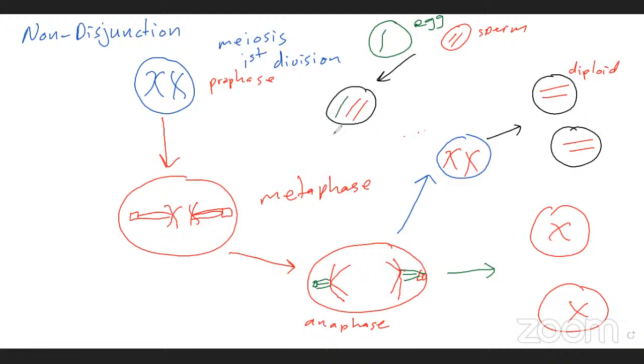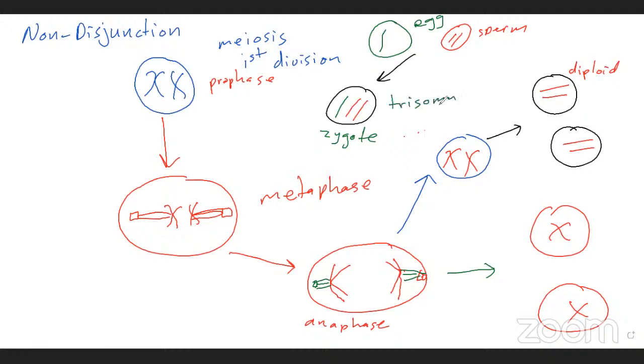Now, how many should normally be in this? Two. Right. So two is the normal one, but with this disjunction, sometimes it might have less or it might have more. So in this case, how many does it have? More. Three, right?